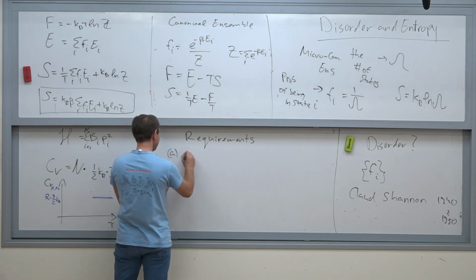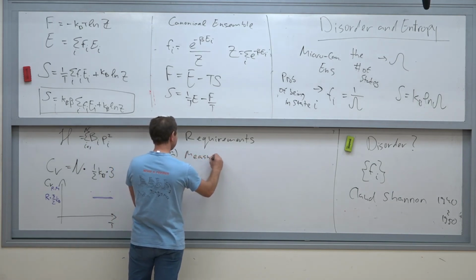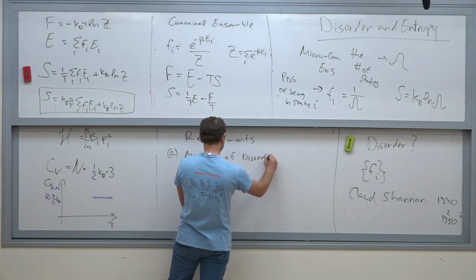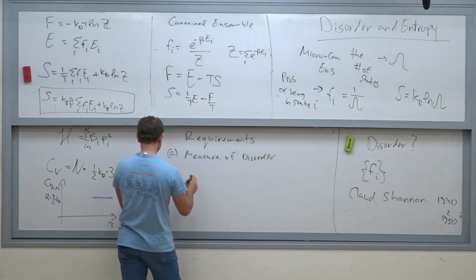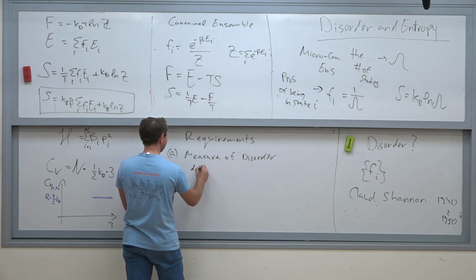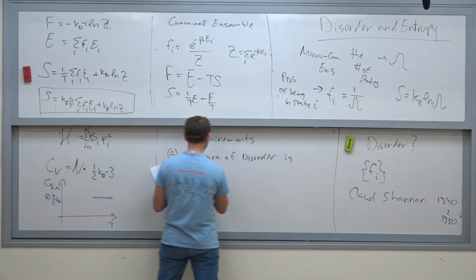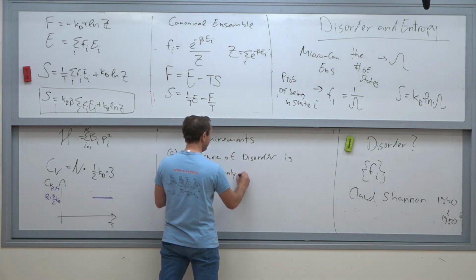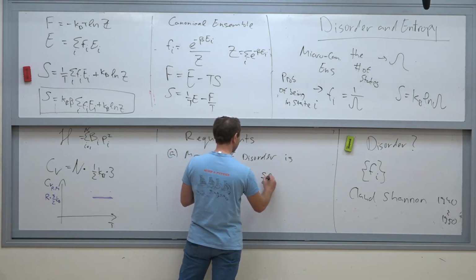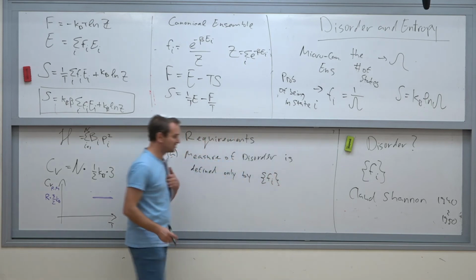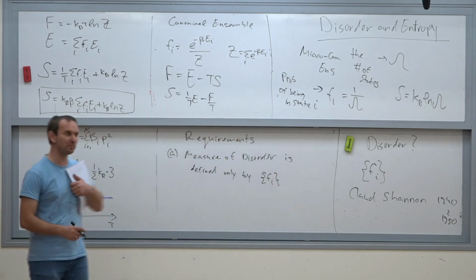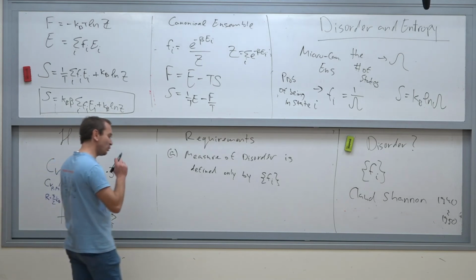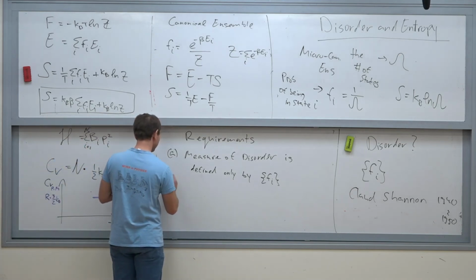So A, the measure of disorder is defined only by your fis. So it's only the distribution of your probabilities. This is the only thing that should define your disorder.